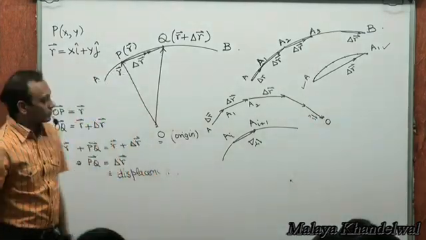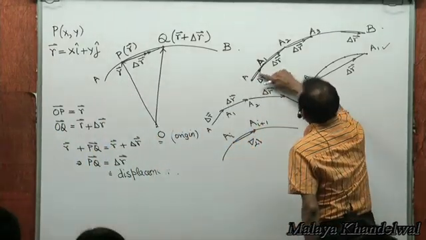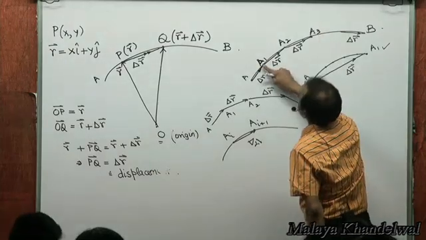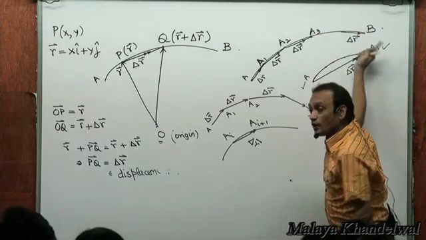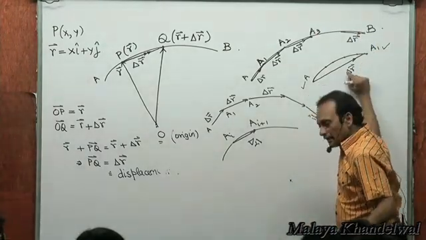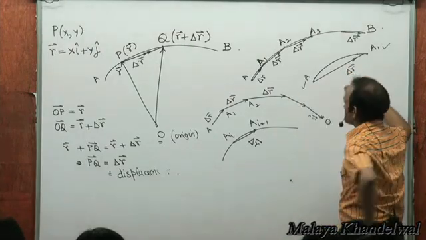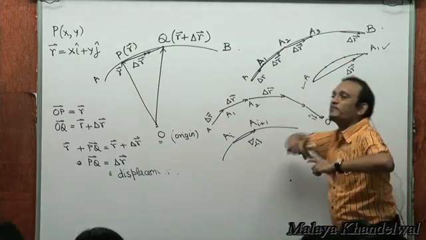Now, while discretizing this curve into these nodes A, A1, A2, A3, Ai, etc., up to B, like I said, there is an approximation out of practical considerations. And the number of these delta r's would be finite.